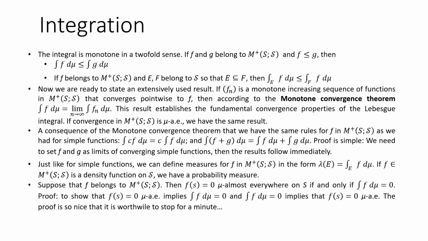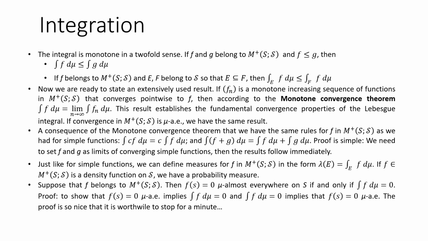The same is true of functions in M plus, not only simple functions. So by integrating a non-negative measurable function over a set, we can define a measure. And please note that the density function is a non-negative, real-valued, measurable function. So by integrating the density function, we can define a probability measure, which we are going to use very extensively in later discussions.